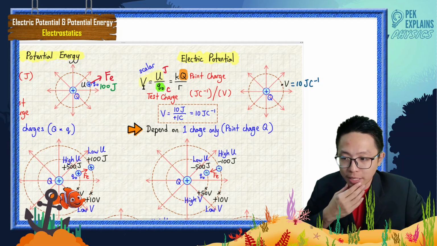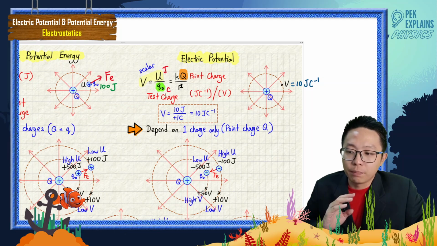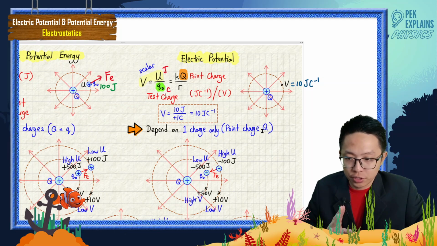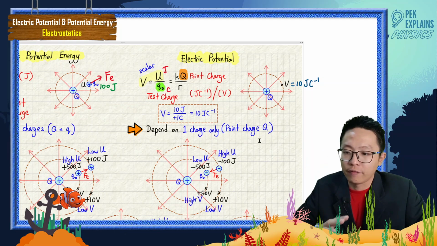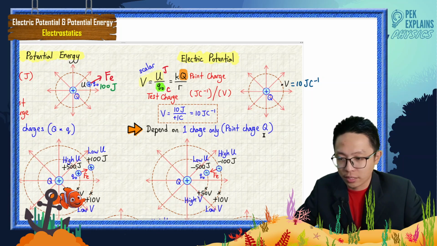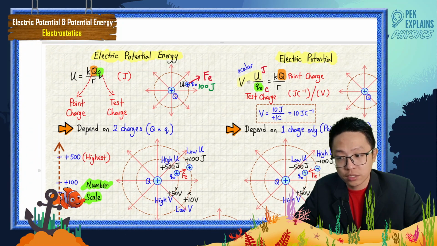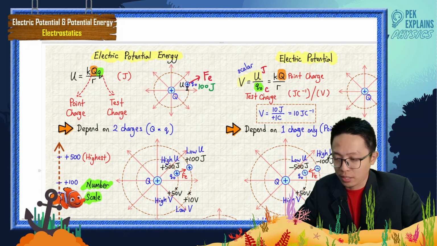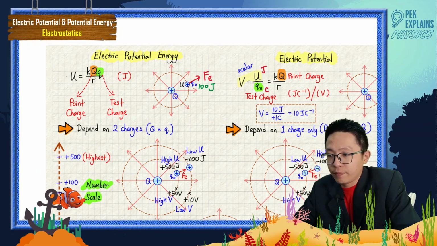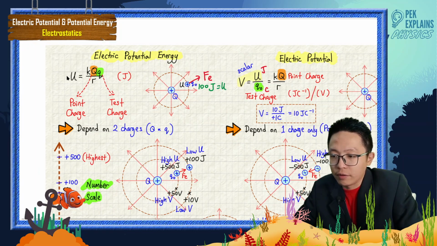As you can see, potential only depends on one charge, which is the point charge. It doesn't need a test charge. Unlike potential energy, which must have a test charge. If you want the electric potential energy to exist, first of all, you must have a point charge and a test charge.